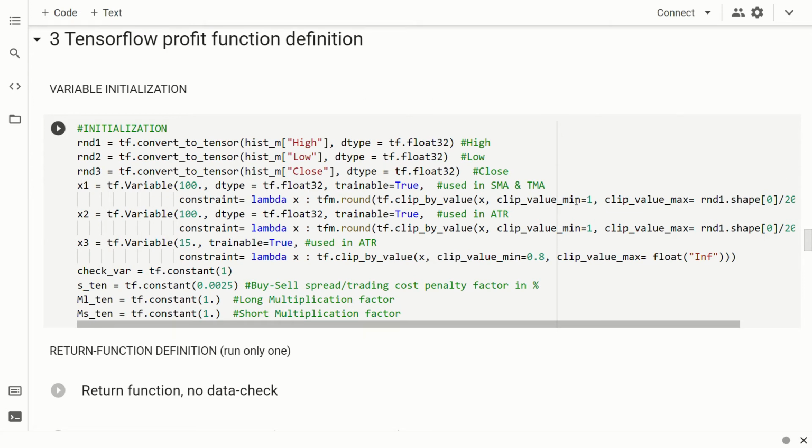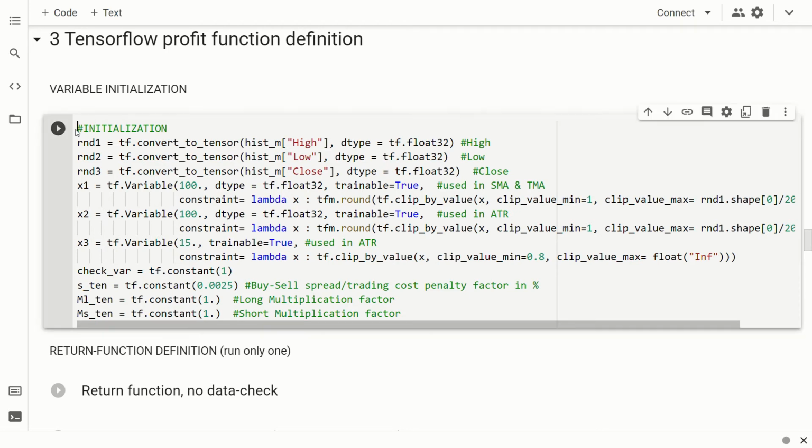Okay, now it's time to define our profit function. So basically our return on the trading that we are doing using the ATR technique. Now, in this step, we are just initializing the variables that are used by the function.